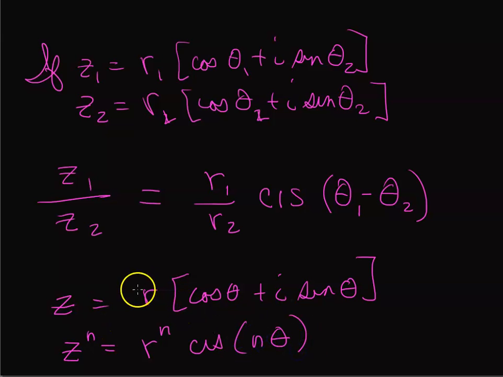That's what makes this easy. Take it to the power 10, you just have to multiply the angle by 10. You still have to take r to the power 10, but it's not as difficult as all this stuff. So this is the special case for powers.